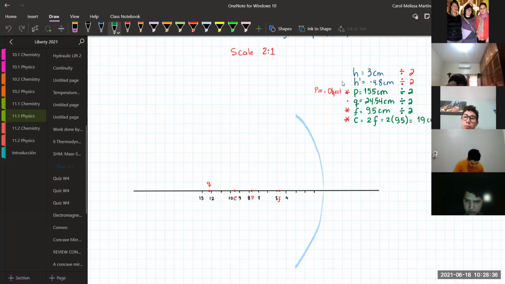Take a look. My object, which is a pin, has a height of 3 centimeters. By using the scale, dividing it by 2, the size of my pin is going to be 1.5 squares or boxes. So my pin will be located here.